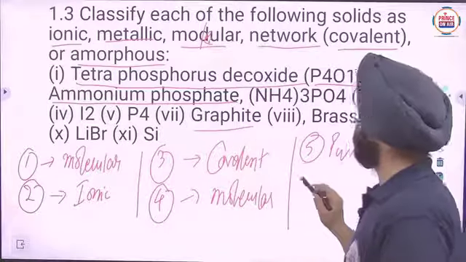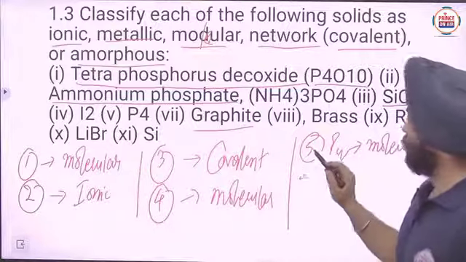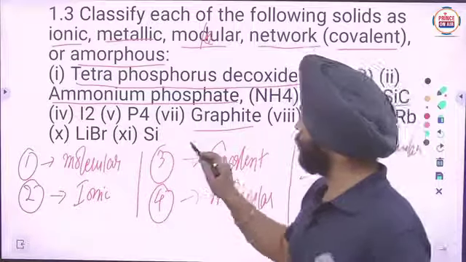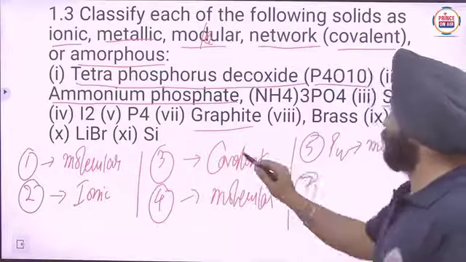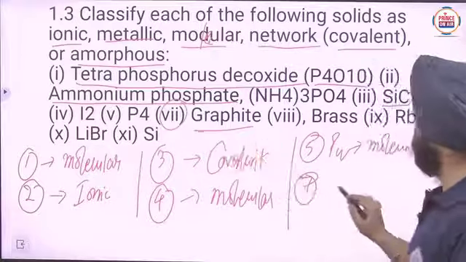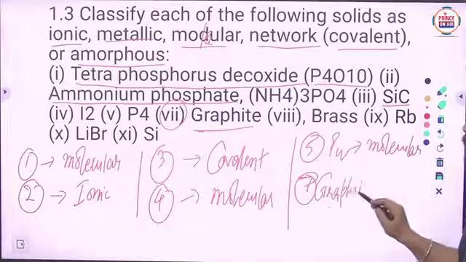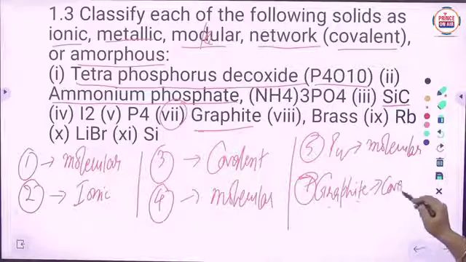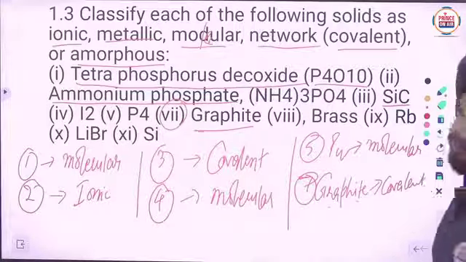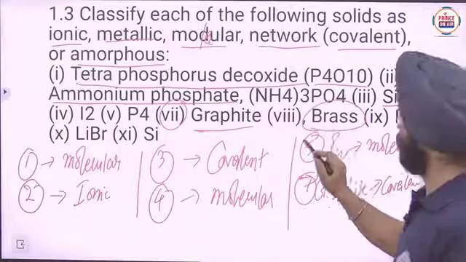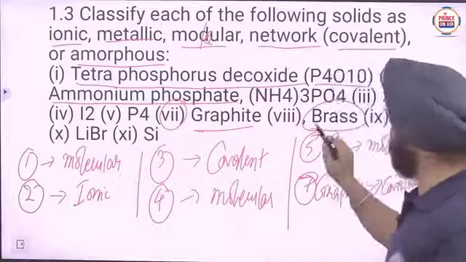Graphite, obviously, is seventh here. Graphite is covalent. Brass is metallic.